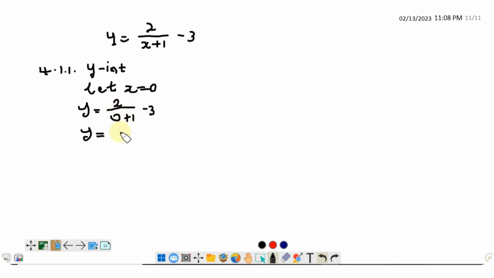So 2 minus 3 is negative 1. So the y-intercept therefore is 0 and negative 1. Okay, next question.